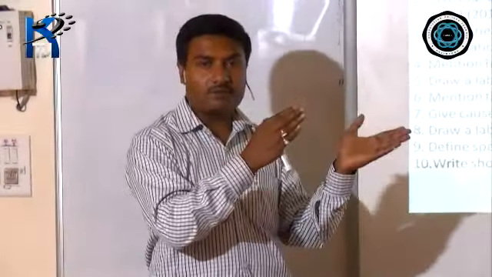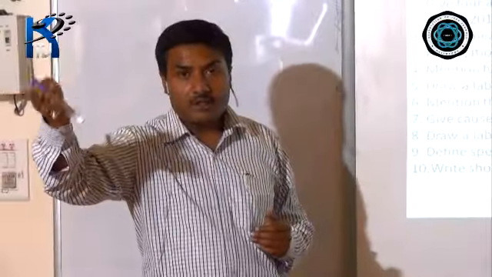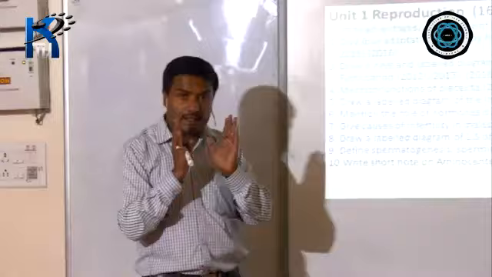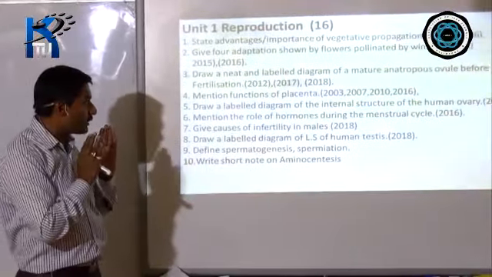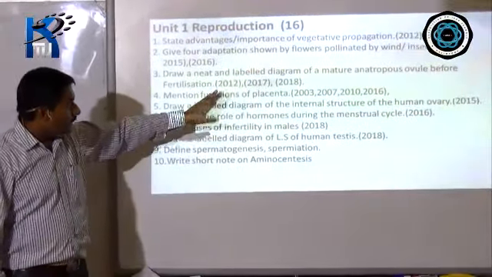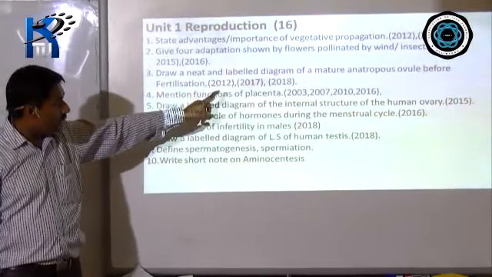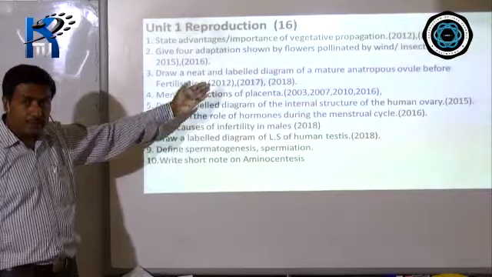Pre means before the fertilization, post means after the pollination or fertilization. You have to have a very clear image of those diagrams. This question has repeatedly come in 12, 17, 18, and several times before that.